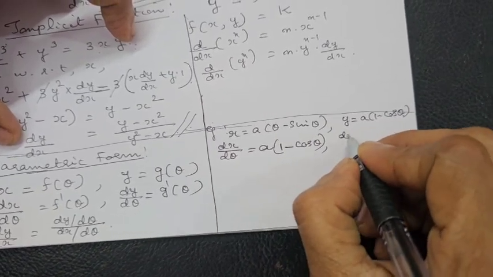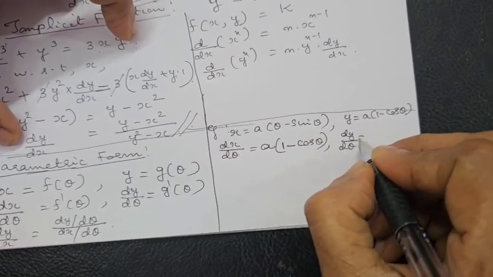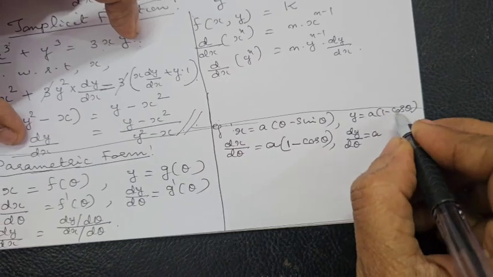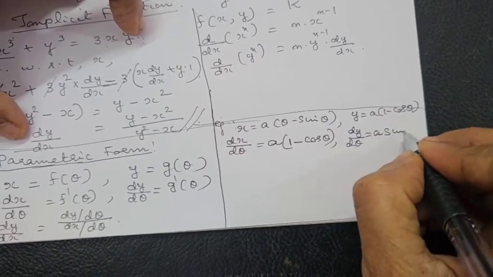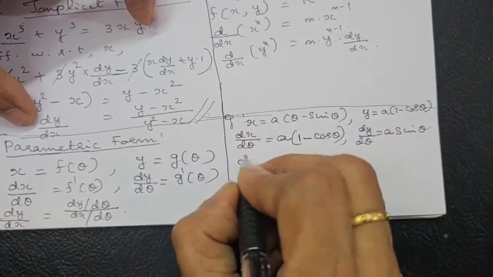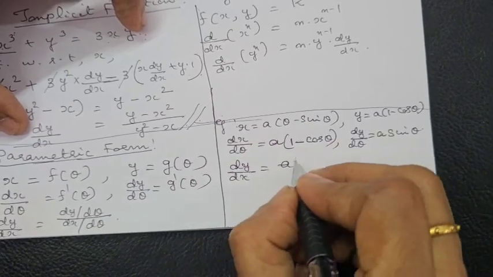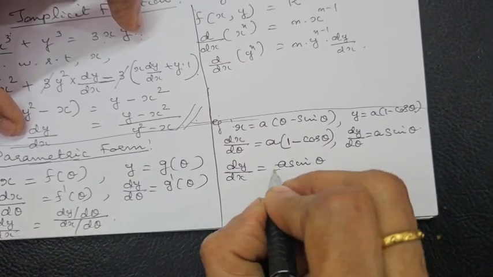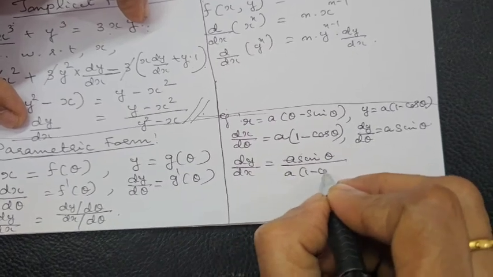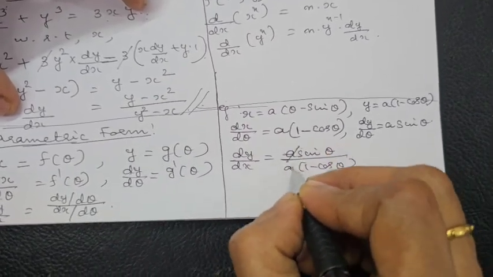Now what is dy by d theta? a into the derivative of 1 is 0, minus cos theta, so it is sin theta. So dy by dx is equal to dy by d theta, that is a sin theta, by a into 1 minus cos theta. So a cancels.